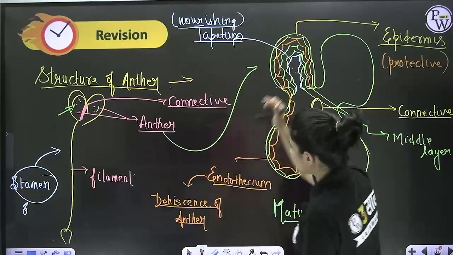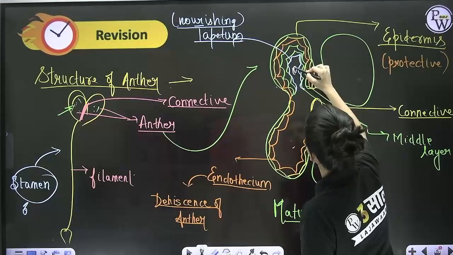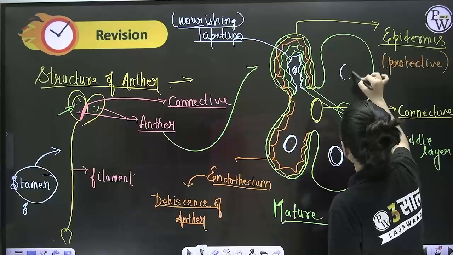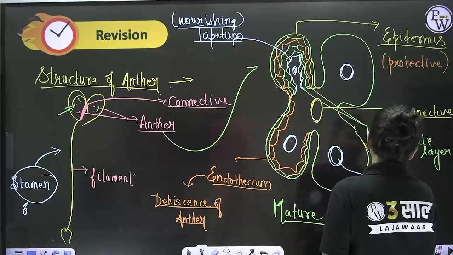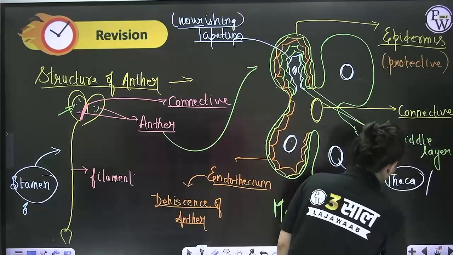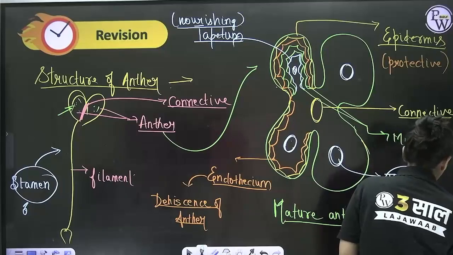Now, underneath the tapetum, there develop chambers called thecae. These are the thecae, these are the chambers, also called microsporangium.